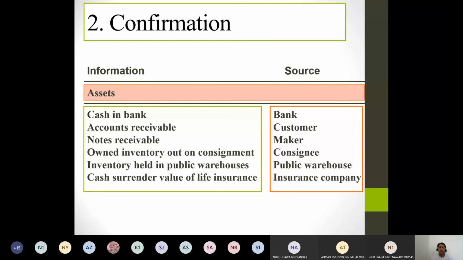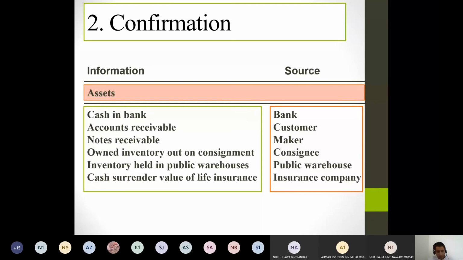They assert that they own this cash. They assert that they own some credits with customers. So customers owe the client company, and they claim that they have notes receivable. They claim they have accounts receivable with this amount with customers.